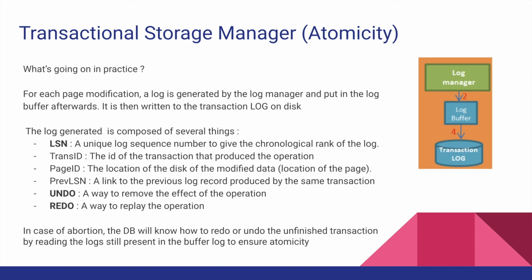So in case of abortion, the DB will know how to redo or undo the unfinished transaction by reading the logs which are still present in the log buffer. That's how RDBMS ensures atomicity.